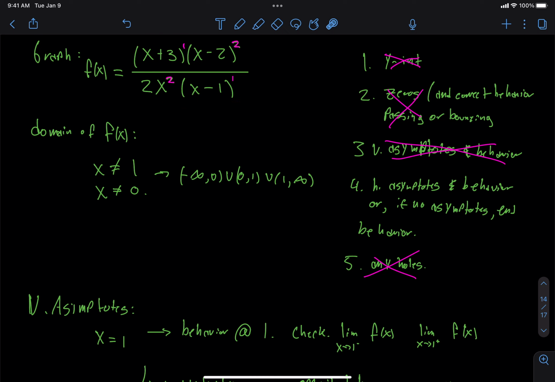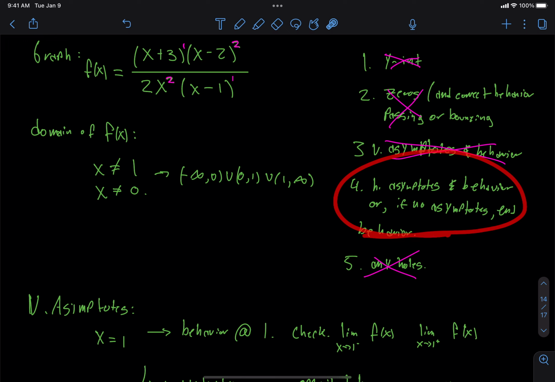So if this was like x minus 3, and it was like x plus 3 and x plus 3 in the top and on the bottom, you would cancel and cancel, but you would still have a hole there. So no holes.